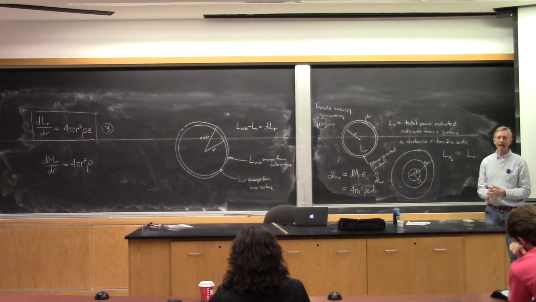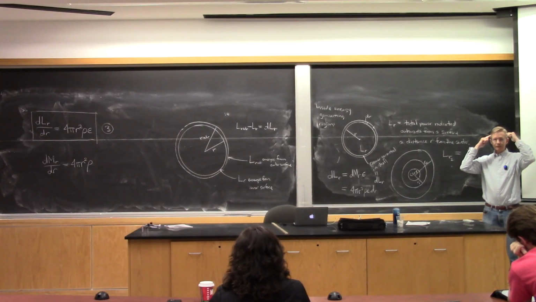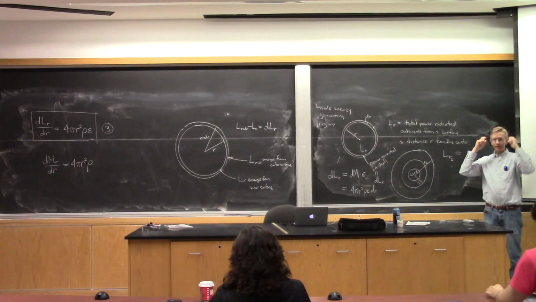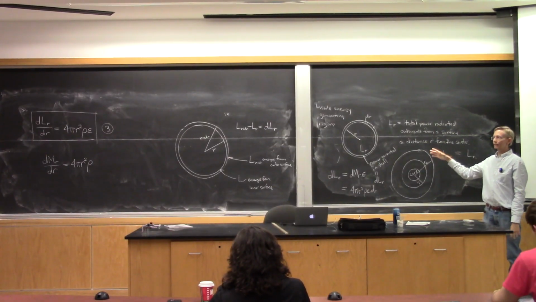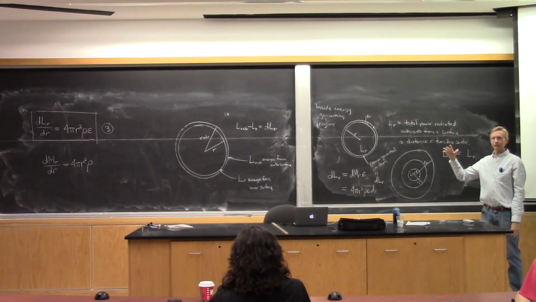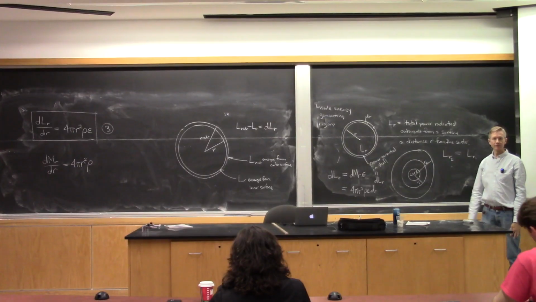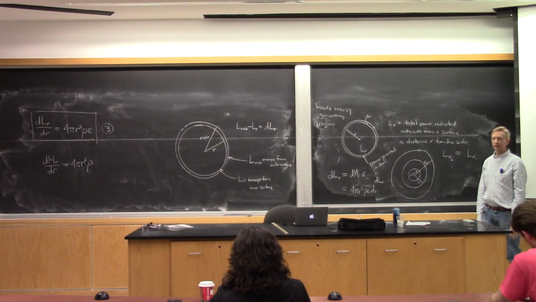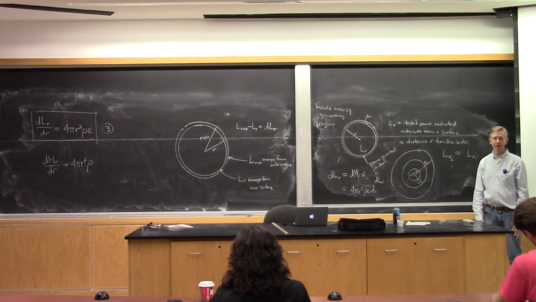What questions do you have? So this is good stuff to be thinking about. Think about how all this works, because this is fundamentally how we construct models of stars. This is the first step, thinking in terms of things like this. And again, if you're not in equilibrium, then it becomes more complicated, but the principles in general are the same.